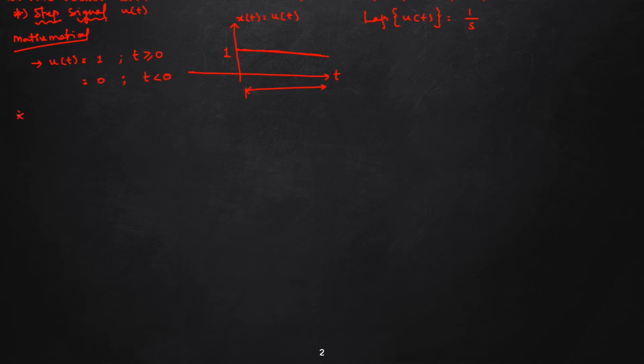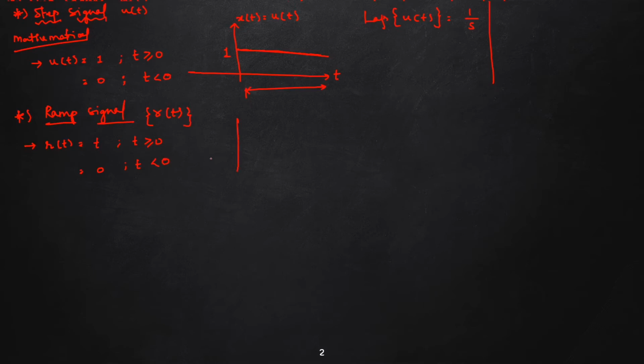The other important signal we have is the ramp signal, that is small r of t. Here there is one more thing we have to remember, which I'll explain after all these signals. So the ramp signal r of t is given in mathematical form. It will be equal to t when t is greater than or equal to 0, and it will be equal to 0 when t is less than 0.